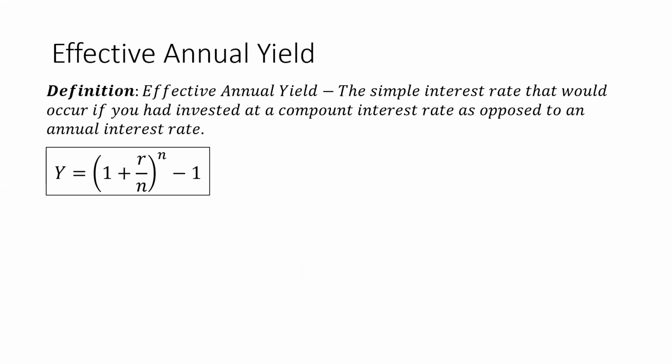Now, effective annual yield is a little bit of a weird formula. I'm not sure we'll see this on the exam. If we do, I'll mention this more on the review, but it's worth kind of talking through.